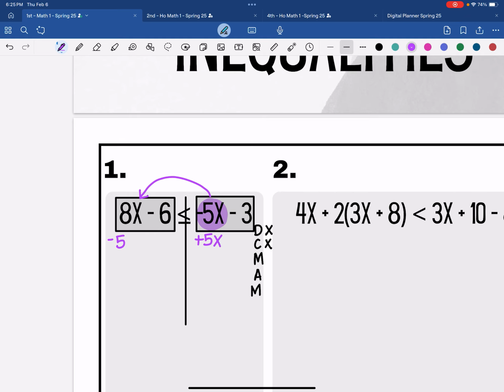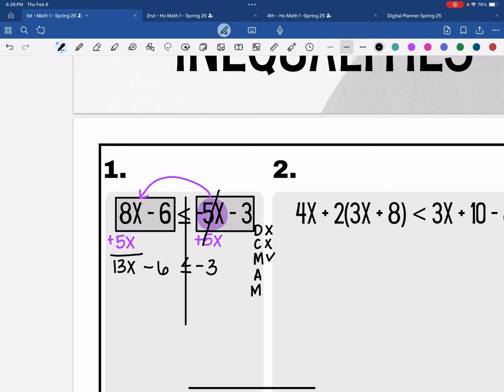So when we do 8x and positive 5x, that's going to produce 13x. With that 13x, we're going to bring down our minus 6, and that's still going to be less than or equal to negative 3.